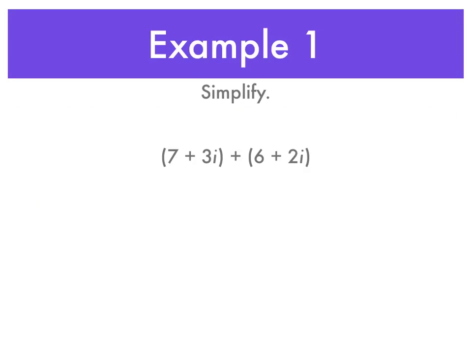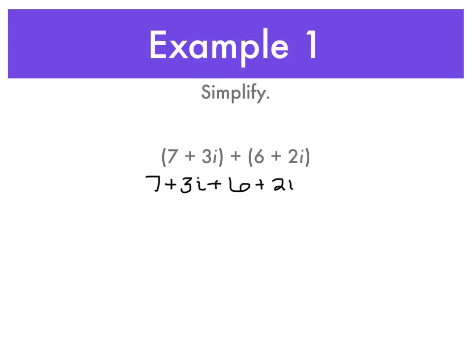So let's say, for example, I said to simplify 7 plus 3i plus 6 plus 2i. Now I've got these in parentheses just to show you, like, here's one complex number and here's another complex number. But I'm not distributing anything, so there's really no reason to have those parentheses there, so you can kind of ditch them. You can just think of this as 7 plus 3i plus 6 plus 2i.